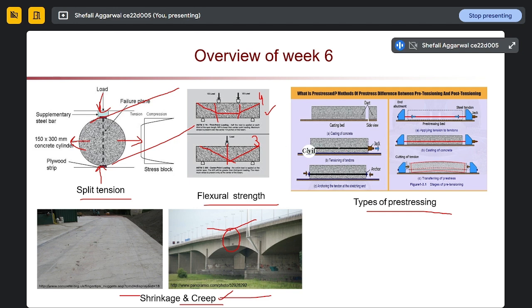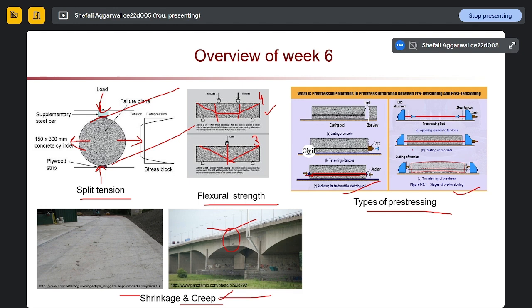The next material which we are using in our concrete system is the admixture. We have chemical admixtures and mineral admixtures. Whenever we are using chemical compounds or any organic chemical compounds, we call them chemical admixtures.